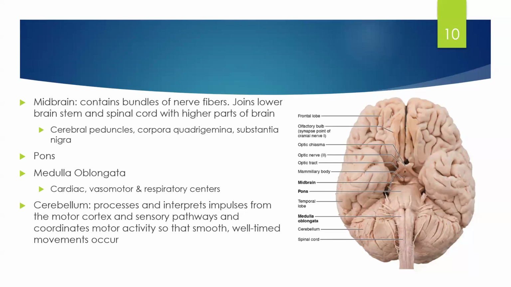Within the medulla oblongata, we have 3 centers: the cardiac, vasomotor, and respiratory center. Which organ does the cardiac center work with? It's not a trick question. The heart, yes. So the cardiac center transmits impulses to the heart via peripheral nerves, and this causes your heart rate to increase or decrease.